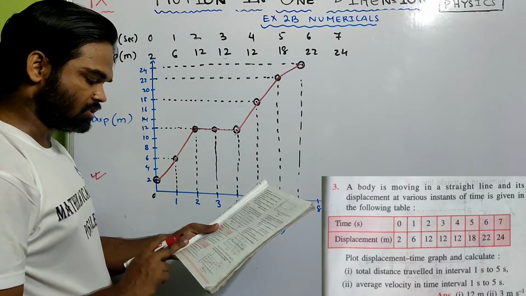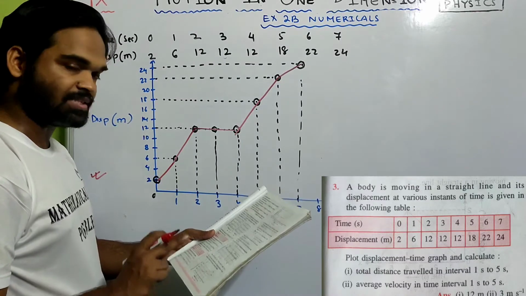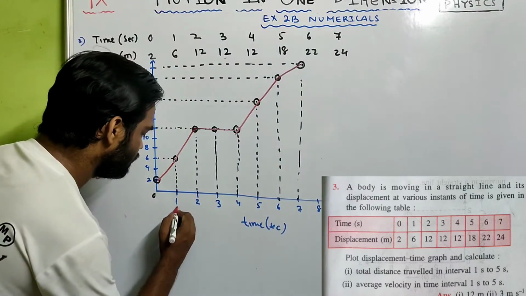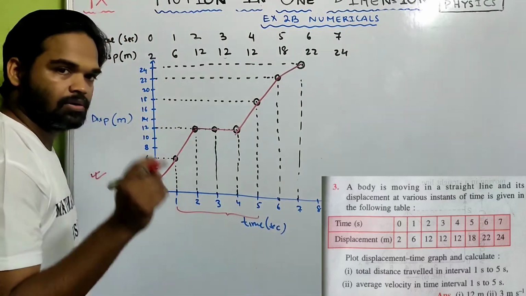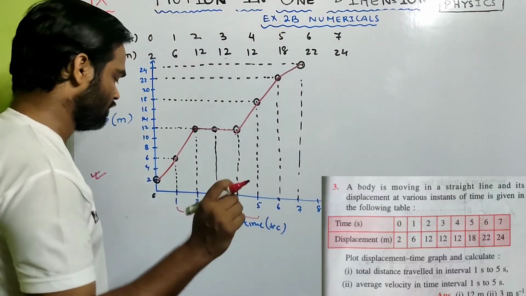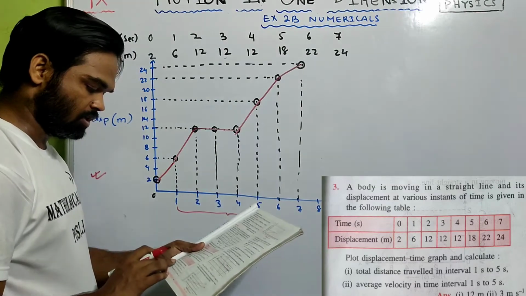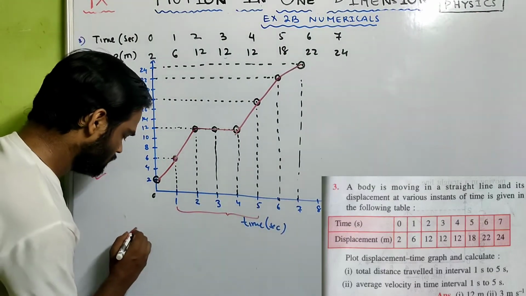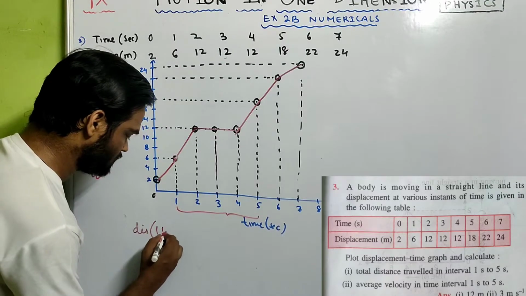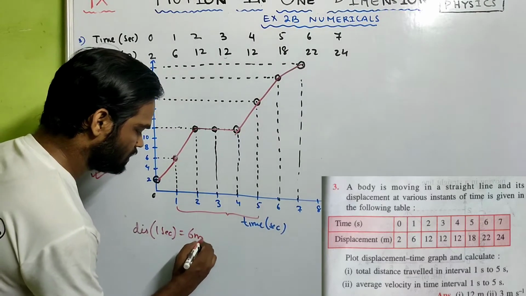Calculate the total distance traveled in interval 1 second to 5 seconds. From 1 second to 5 seconds, the total distance traveled. Now, at 1 second, the displacement was 6 meter.